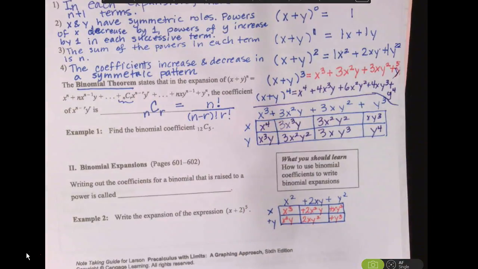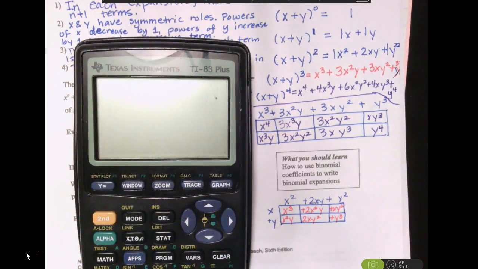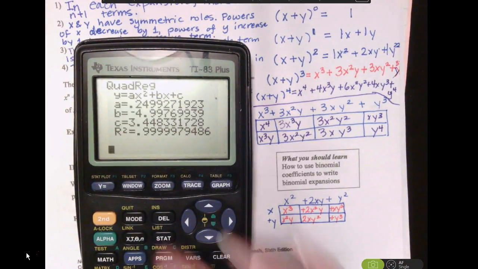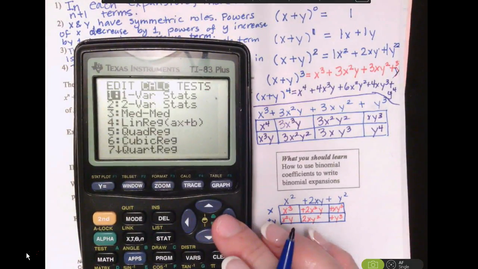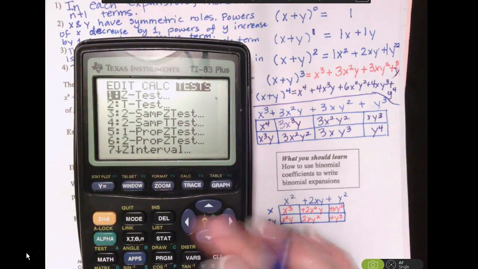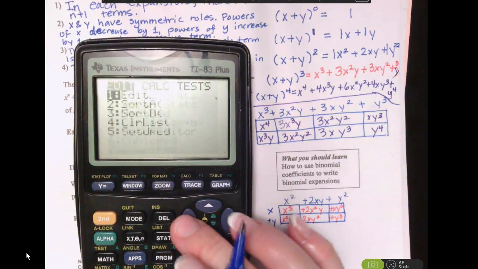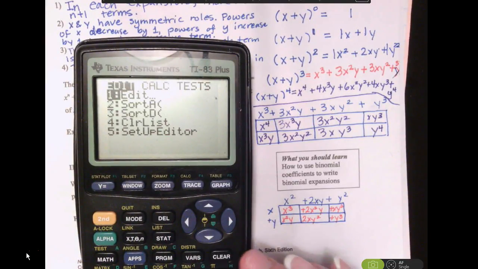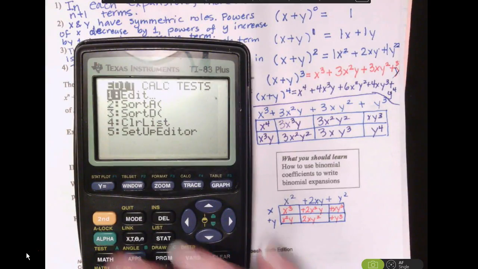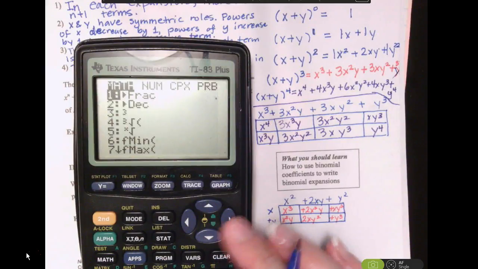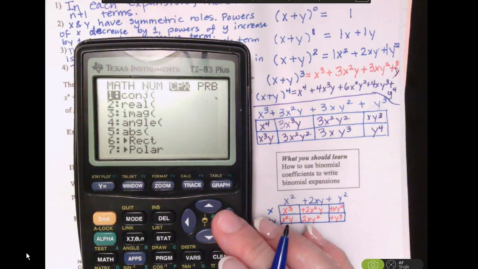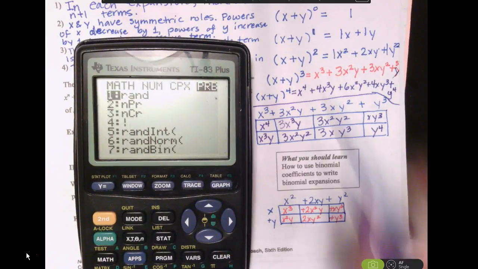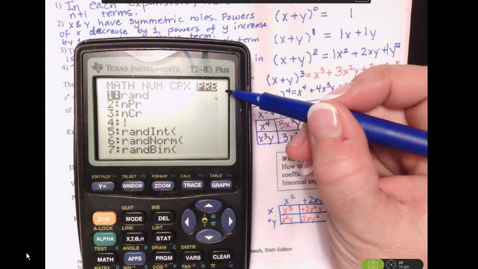And you actually have a button or a menu option to find n things taken however many at a time, and I need to be able to find those. Let's see, maybe it's in math, and it's over here in probability.